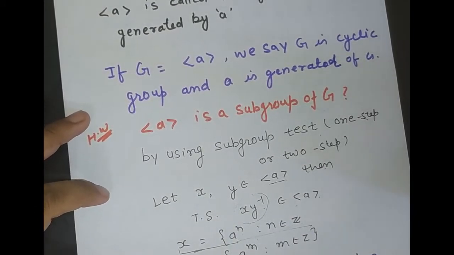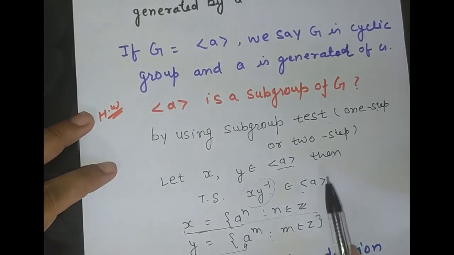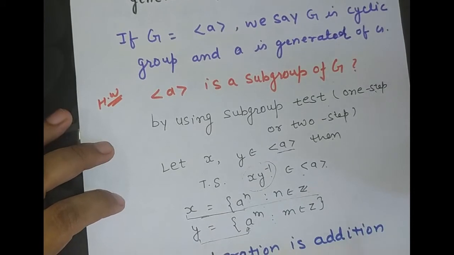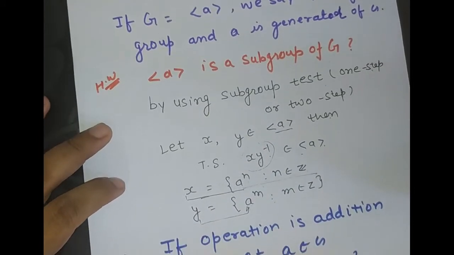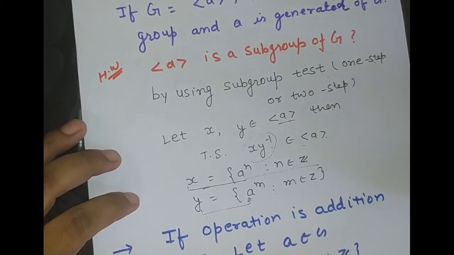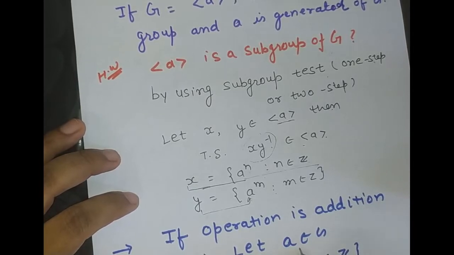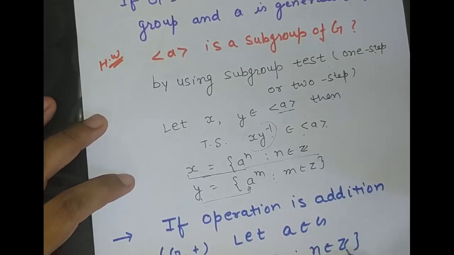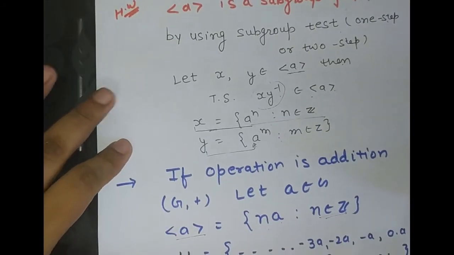We have defined this group for multiplication. If the operation is addition, now G plus is a group for addition. Taking any element A belonging to G, the generator is defined as nA, where n belongs to the integers.